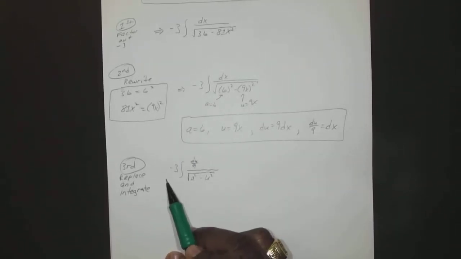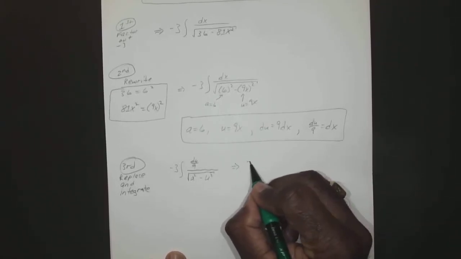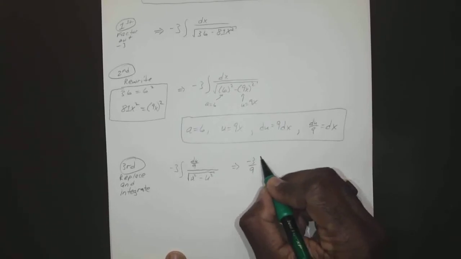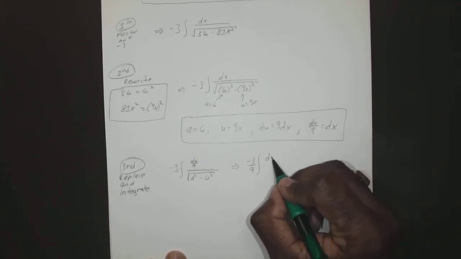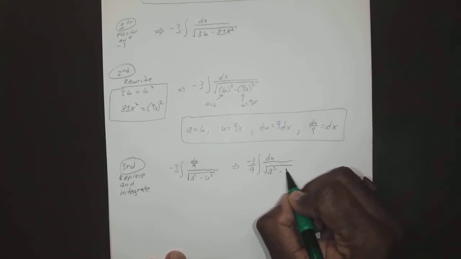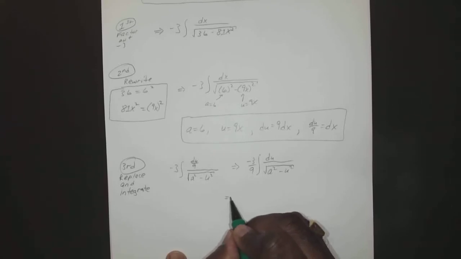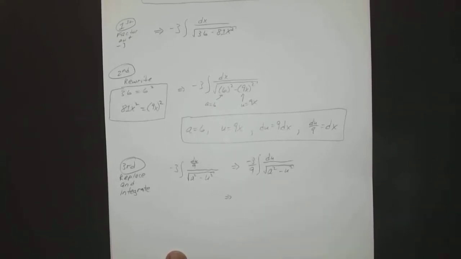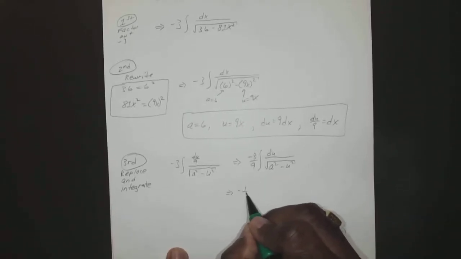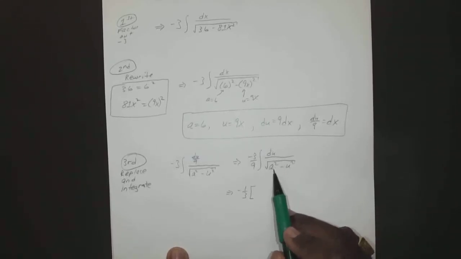So we can get that 1/9 and just bring it out to the front. So we have negative 3 over 9 times the integral of du over the square root of a squared minus u squared. Okay, so this just simplifies to negative 1/3, and that'll be times the integral of du over the square root of a squared minus u squared.